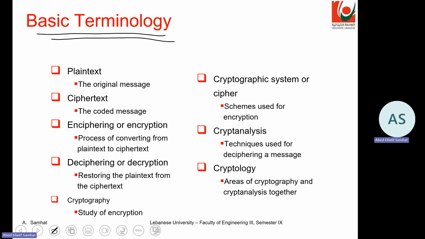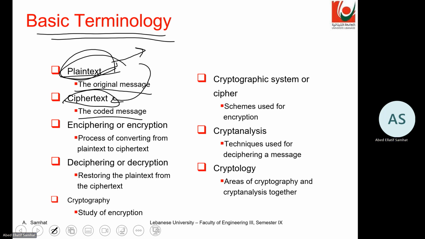Because we deal with cryptography, we have what we call plain text, which is the original text, the original message before any encryption. So we say plain text. The ciphertext is the text that we obtain after the encryption. So we have a plain text, we apply an encryption, and we obtain the ciphertext, which is the coded message.